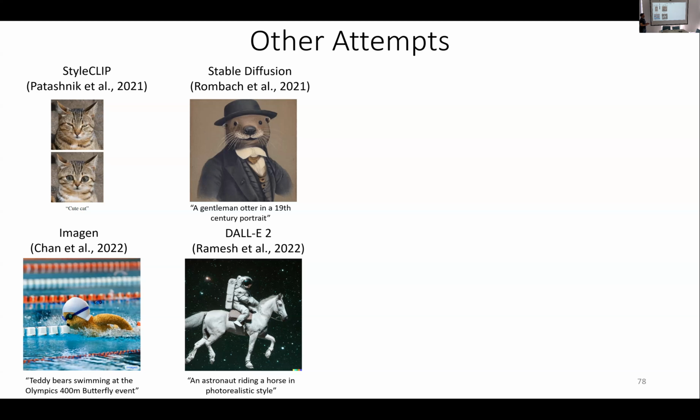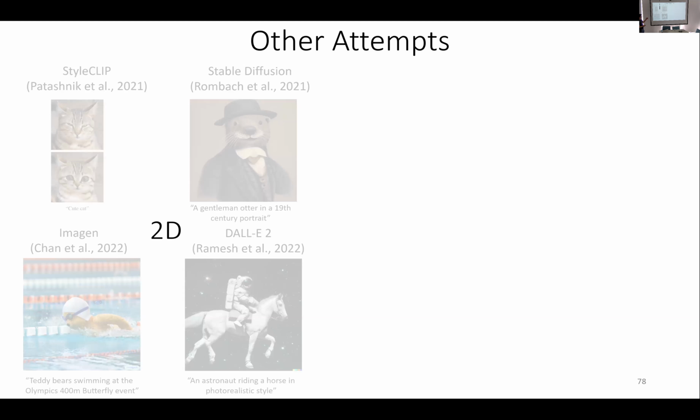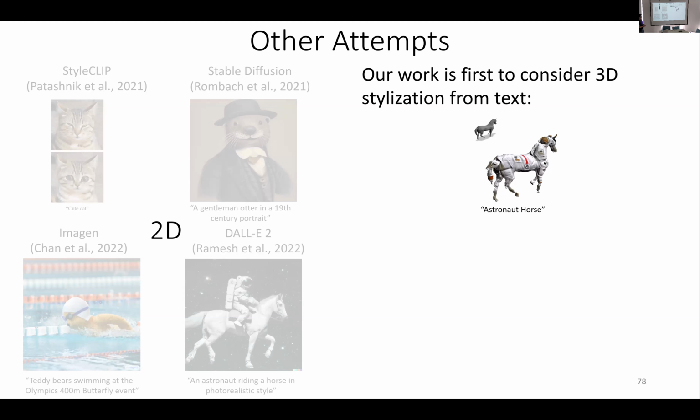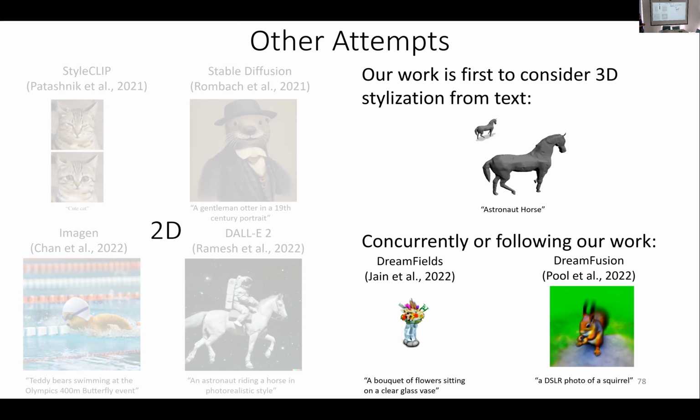In 2D, there have been a number of works that do remarkable jobs, like those examples here. But in 3D, our work was the first to do 3D stylization from text. Since then, because there has been an explosion in the field, we have seen other works that have looked at generation of shapes from text as well.